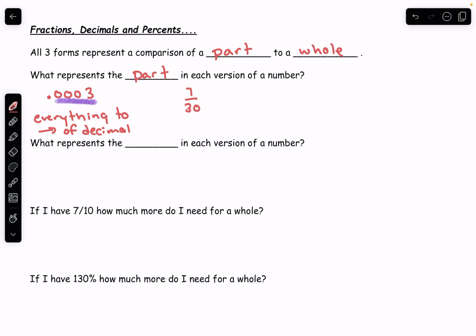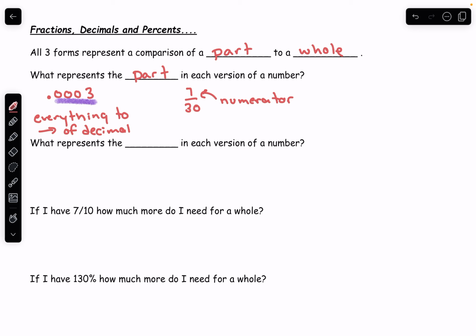And if you remember back to scary elementary days, the part is always the numerator. That is not how you spell numerator. I told you I'm not an English teacher, but I should at least know how to spell math words. The numerator is the part. It tells you how many parts you have.